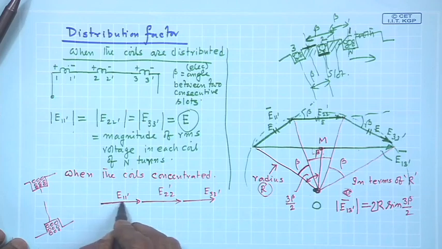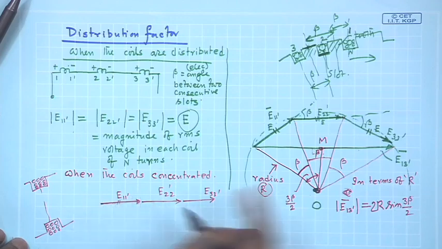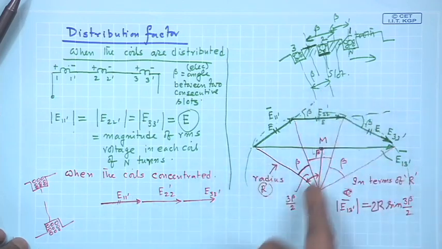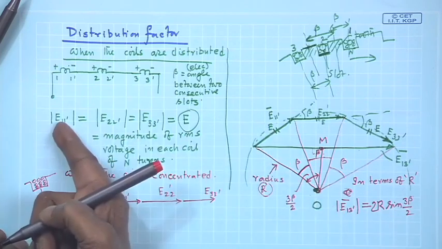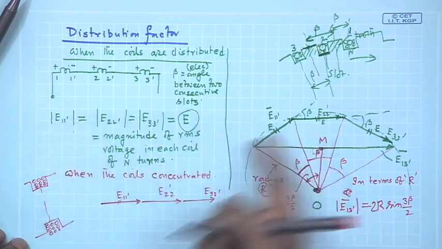What will be this voltage? This will be the same as this E; the magnitude of E11 dashed will not change because of that.